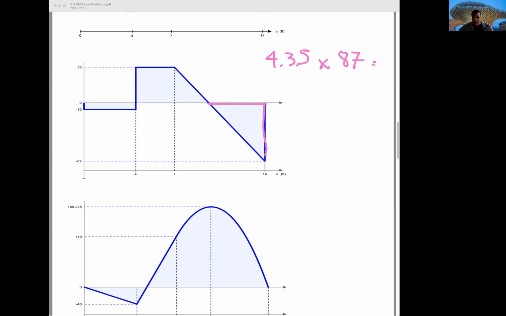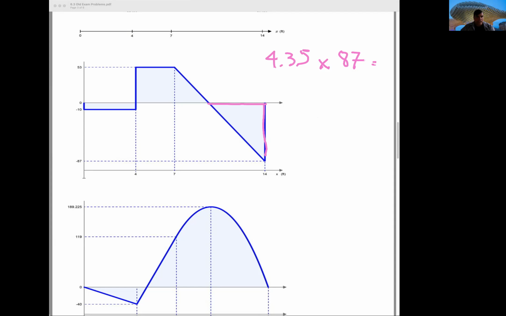Because we need to divide by 2, the number will be 189.225. Exactly, the area here is exactly the area that we need to finish the diagram from 189.225 to 0. But many times, as I told you, it will not be exact. Don't be afraid. There is a tolerance in the test and your answer will be accepted.